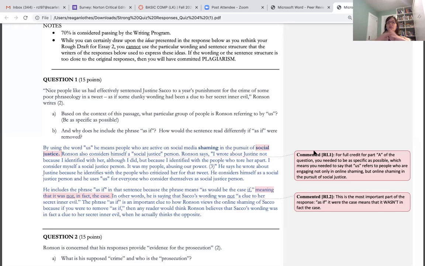That's a very general, large group, but in particular, social media users who are engaging in online shaming. But again, not just any social media users engaged in online shaming, those who are online shaming in the pursuit of social justice, right? So you need all of those elements to correctly define Ronson's specific audience that he has in mind to target to change their attitude toward online shaming.